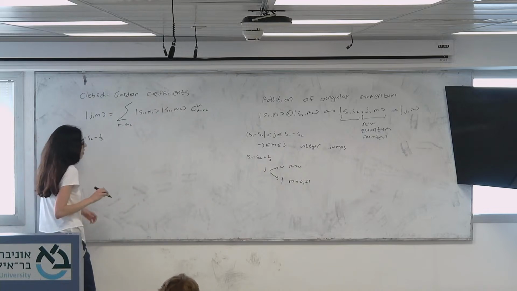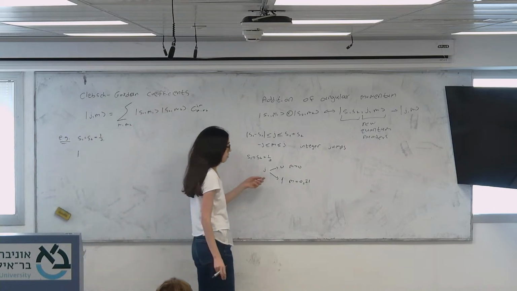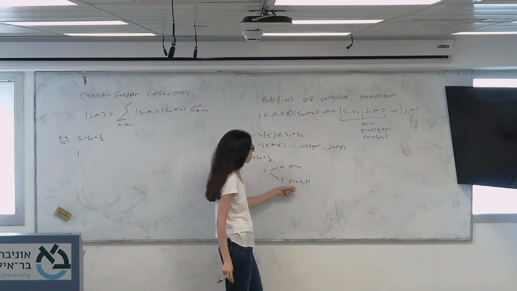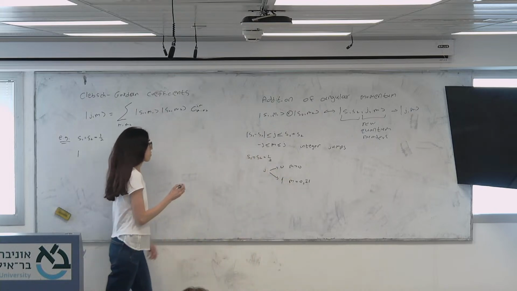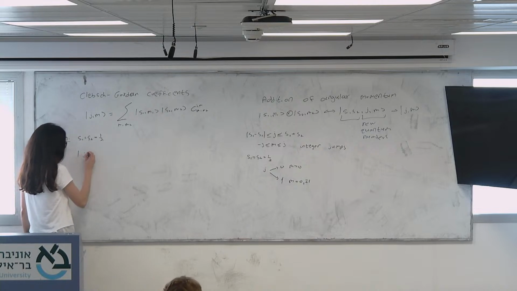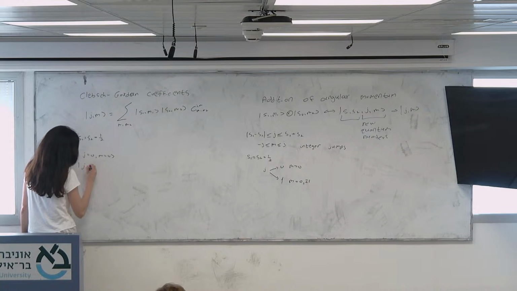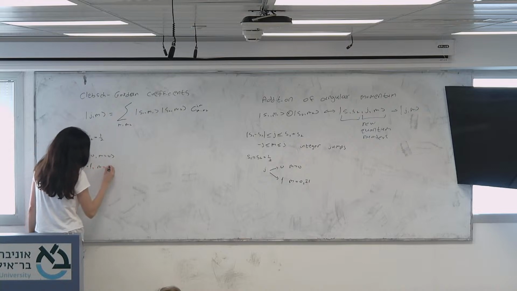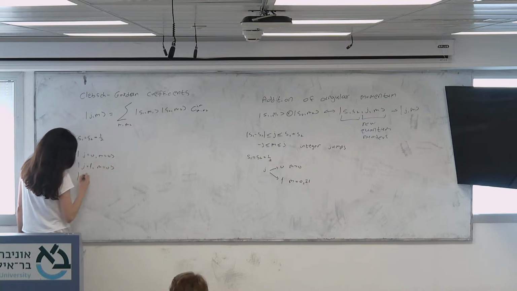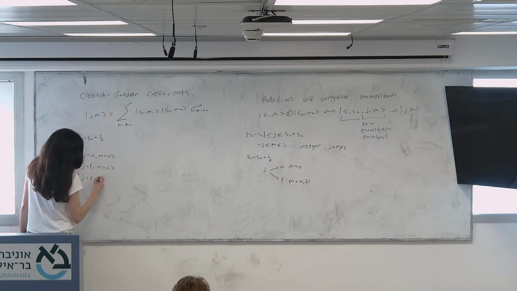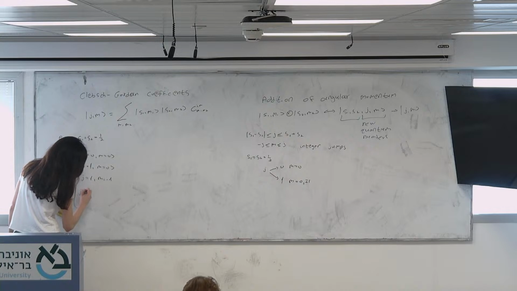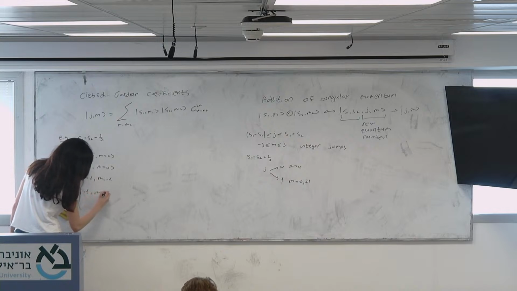We have, as we said, 4 states overall for the new basis: j equals 0, m equals 0; j equals 1, m equals 0; j equals 1, m equals -1; and j equals 1, m equals 1.